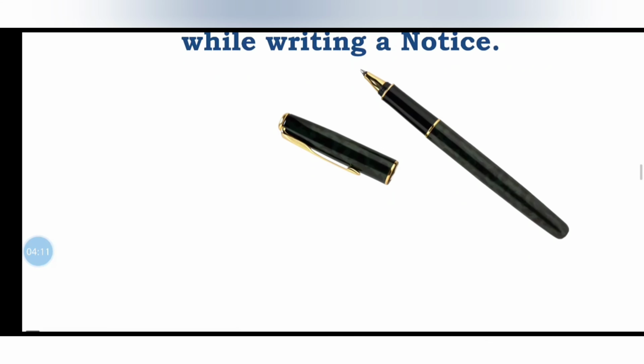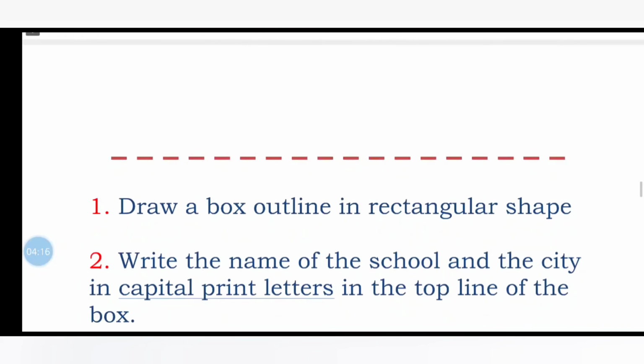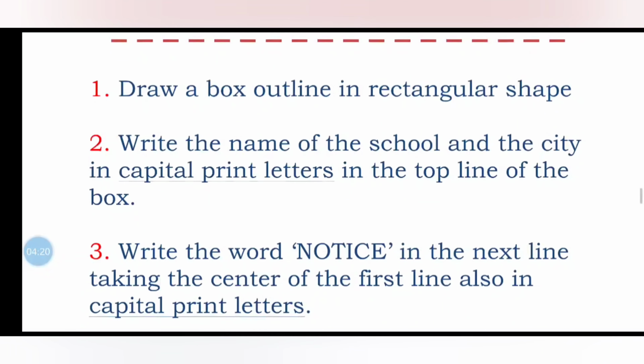So focus now. The first point is that you draw a box outline in a rectangular shape. So in your notebook, the first thing you will do is draw a box. Second, you write the name of the school and the city in capital print letters in the top line of the box.